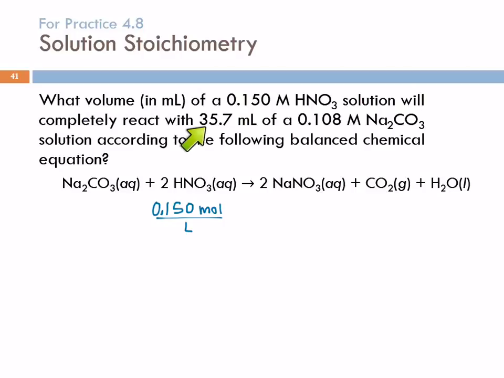Next number we come to, 35.7 milliliters of sodium carbonate. So I'm going to write that over here, 35.7 milliliters of that solution. And they also give us the molarity, 0.108 moles over liters.